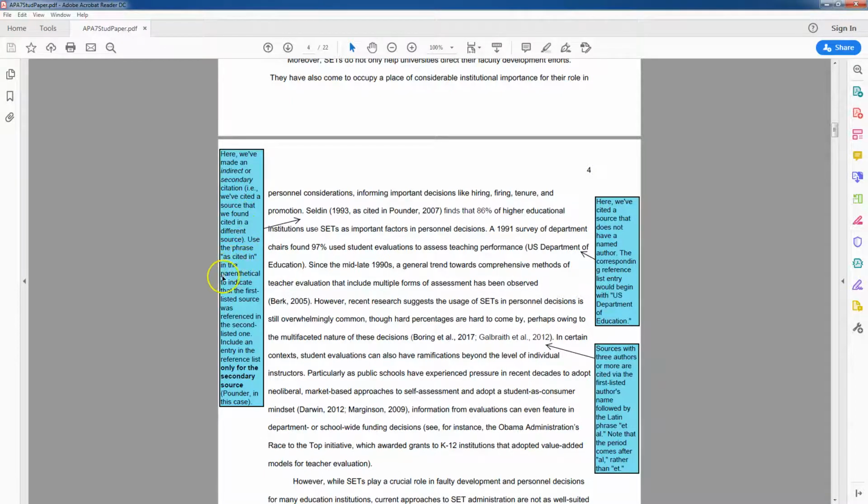We've cited a source that we found cited in a different source. Use the phrase cited in the parenthetical to indicate that the first listed source was referenced in the second listed one. Include an entry in the references for the second source. So here you notice this is something that also is different.